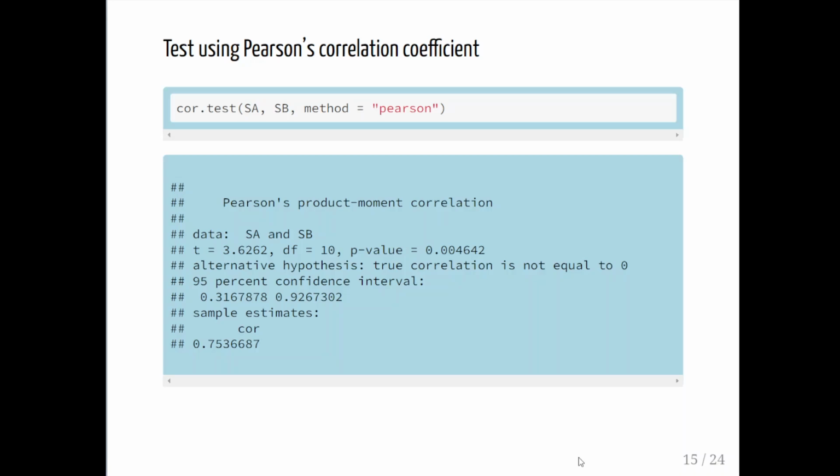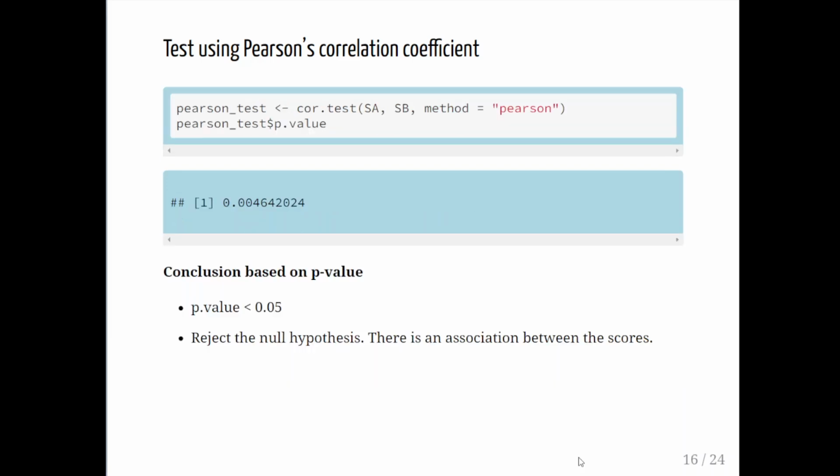So in this case, we reject the null hypothesis. This indicates that there is an association between the two sets of scores given to each applicant by the panel members. The p-value is less than 0.05, so we reject the null hypothesis and conclude that there is an association between the scores.